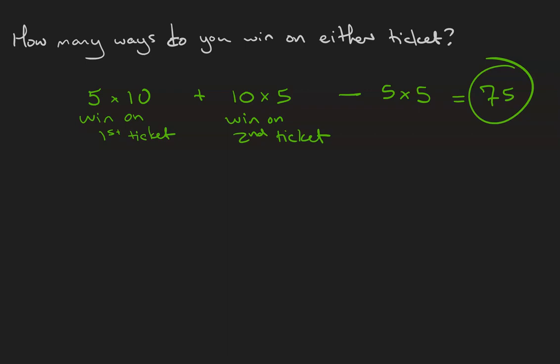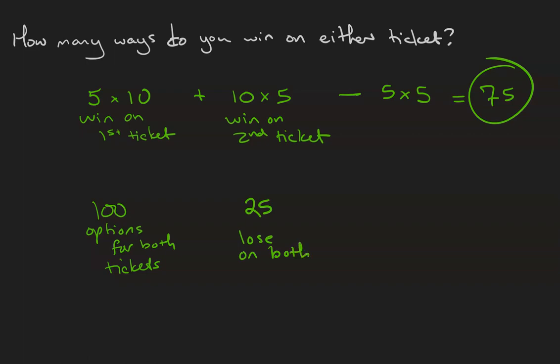There is another way to handle this problem. We know that the sample space of all 2-ticket configurations is 100. And since there are the same number of ways to lose on both tickets, because it's 5 of one and 5 of the other, as there are to win on both tickets, then that means there are 25 ways to lose on both tickets.